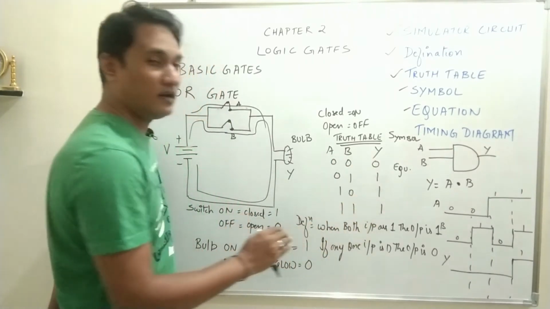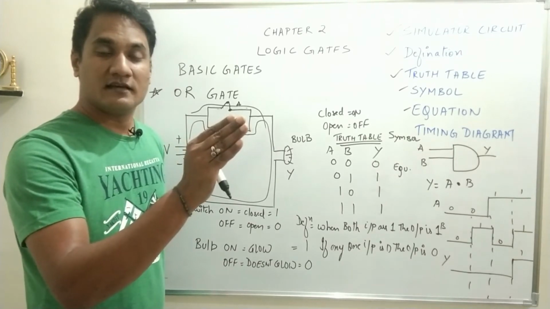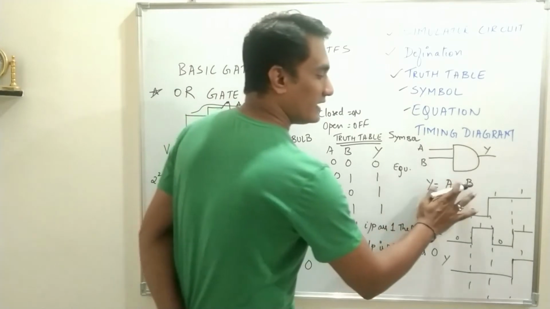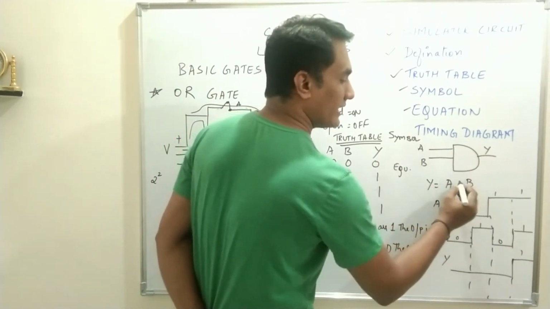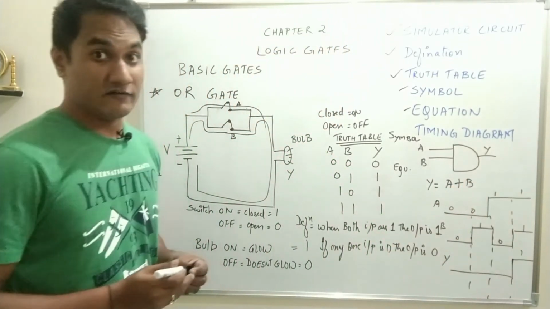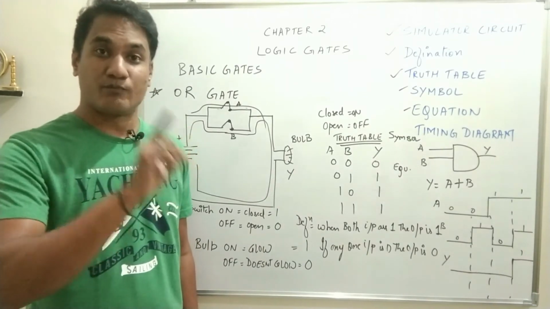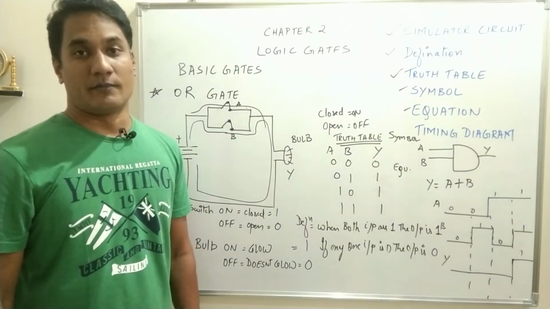So the truth table of the OR gate almost resembles binary addition. So when you write the equation for the OR gate, we write Y is equal to A and B connected by a plus sign, where the plus sign indicates not addition, the plus sign indicates the OR operation.